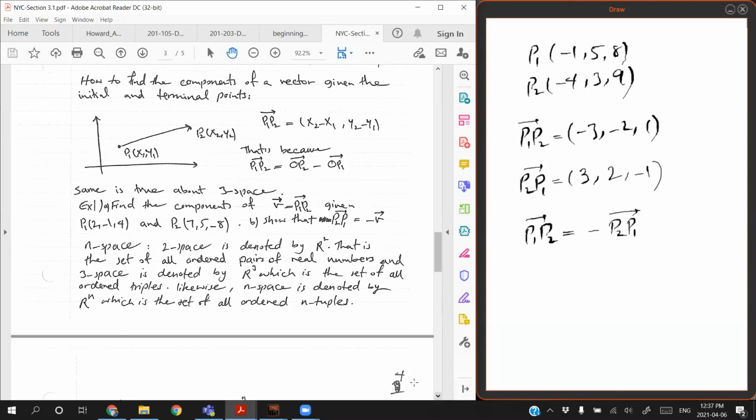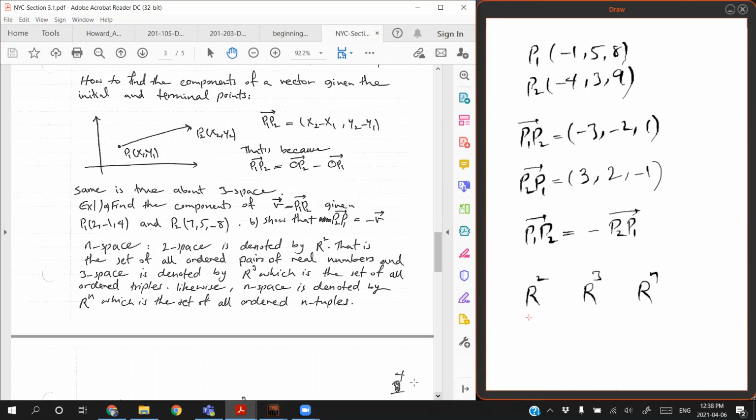Okay, now that we have defined the components of vectors, we can generalize this idea to the n-dimensional space. Two-dimensional space is denoted by R2. Three-dimensional space is denoted by R3. And generally, the n-dimensional space is denoted by Rn.